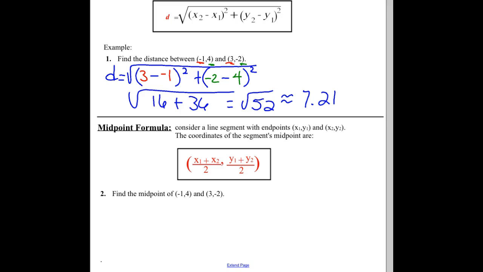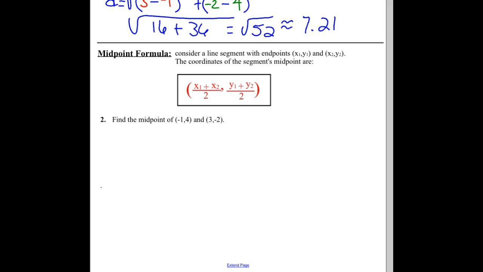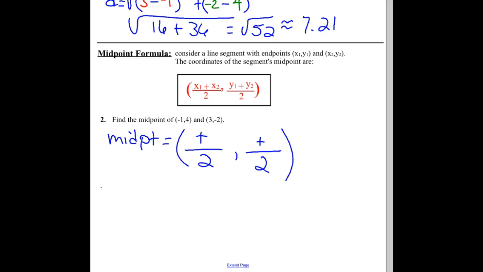So next we want to find the midpoint of that same set of points, -1, 4 and 3, -2. All right, so midpoint, remember we are adding things and dividing by 2. Okay, what numbers are we adding in the first one? Okay, again, those x's, so -1 and 3.